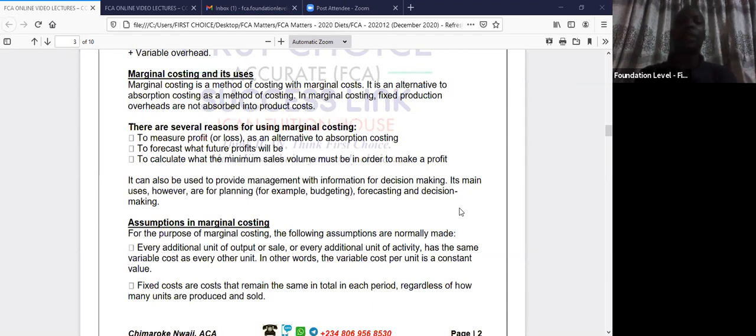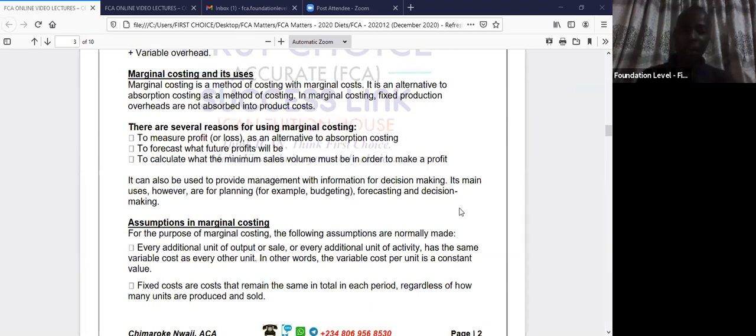Okay? What are some of the reasons we have for using marginal costing? One, we use it to measure profit or loss. When we are using it as an alternative to absorption costing, it means that in absorption costing, we have net profit.